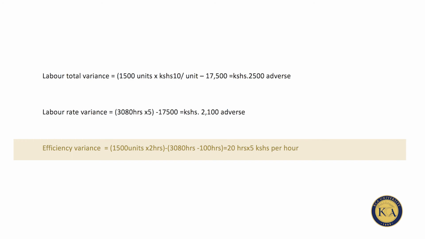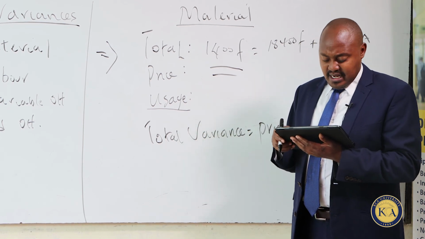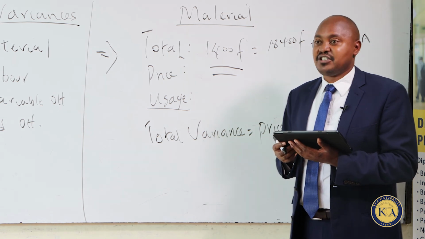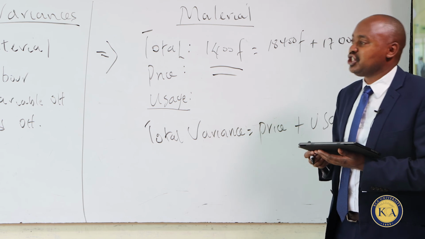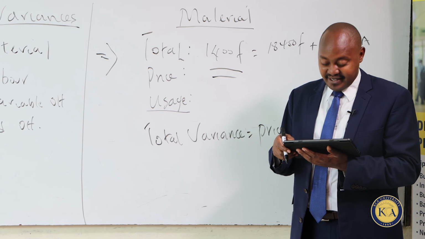That means we expected to spend about 3,000 hours, but we ended up spending 2,980 hours, and therefore we have a favorable variance of 20 hours. Then we multiply that with the standard rate per hour, which is 5, and we get a 100 shillings favorable variance. That means the efficiency variance is favorable. We have spent fewer hours than we should have spent under planned circumstances.